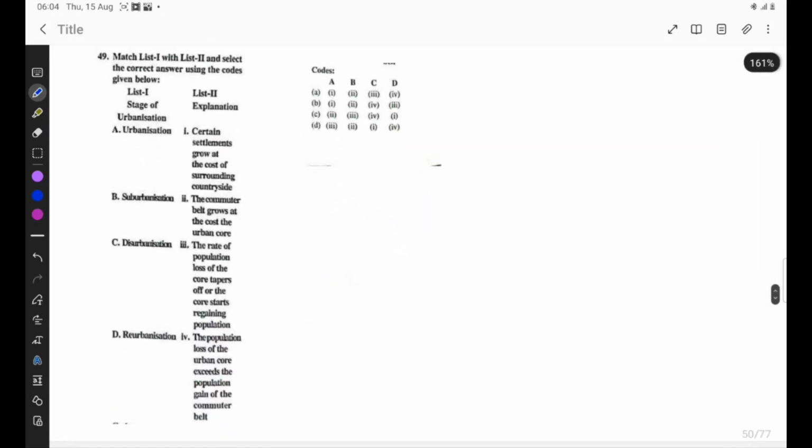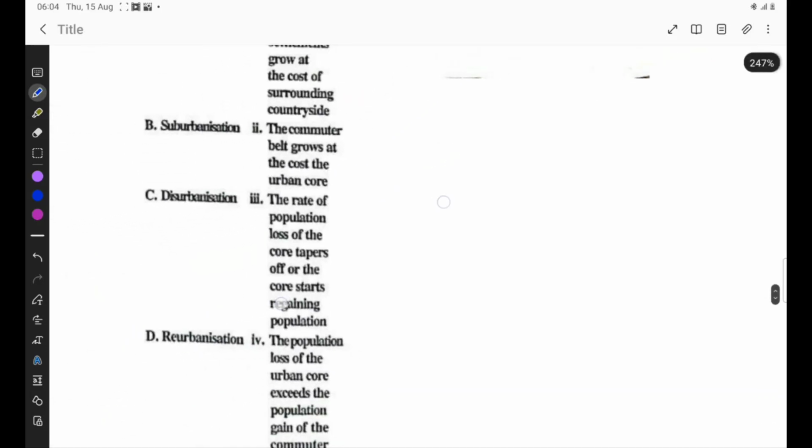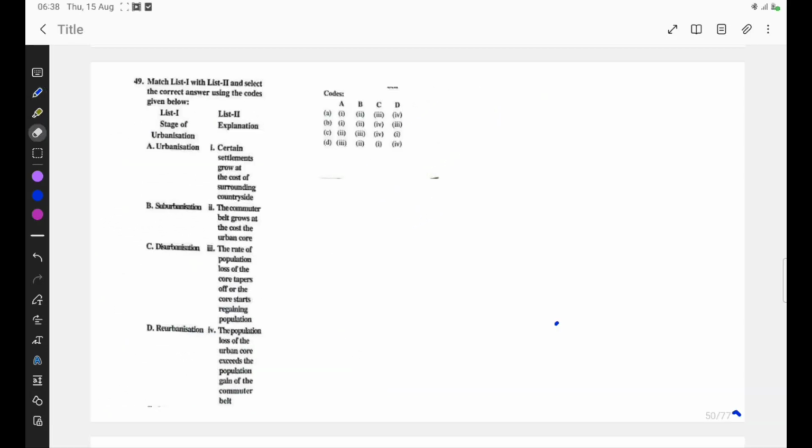Match list 1 and list 2: stage of urbanization and explanation. Urbanization, suburbanization, disurbanization and reurbanization. So urbanization is certain settlement growth at the cost of surrounding countryside, A1. Suburbanization is the commuters belt grows at the cost of the urban core.